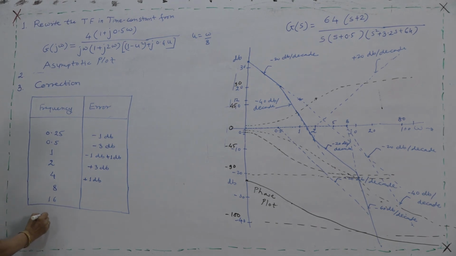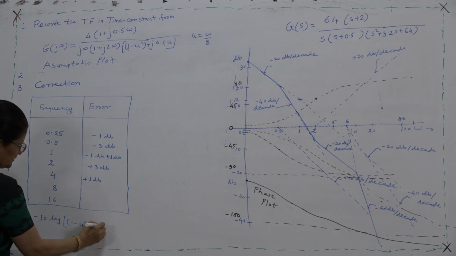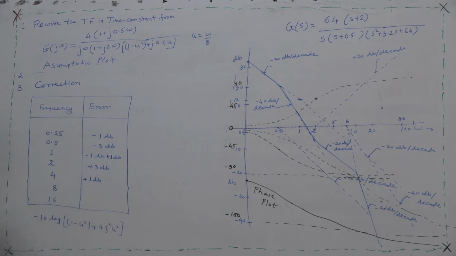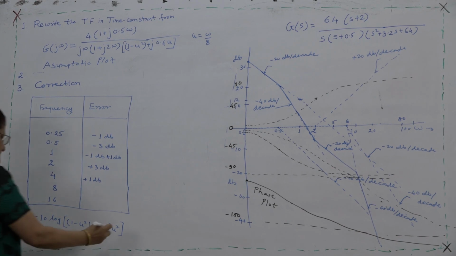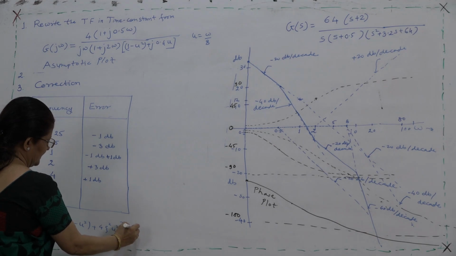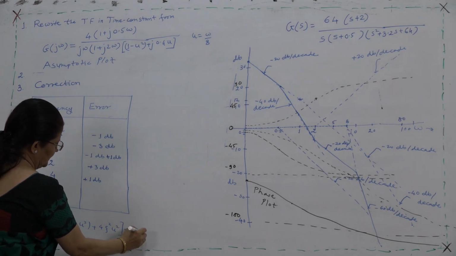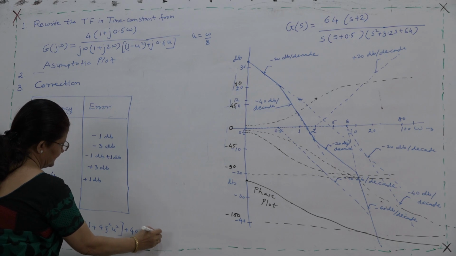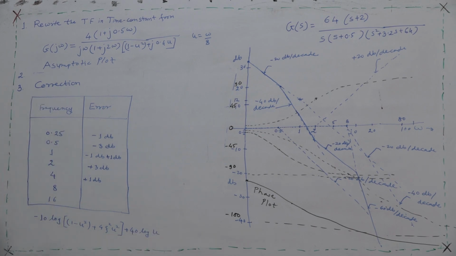It is minus 10 log of 1 minus u square plus 4 zeta square u square is the actual value, and we are considering till that it is 0 dB, okay, or 40, and after that 40 log of u, which we are considering. So, minus minus plus you have to consider.